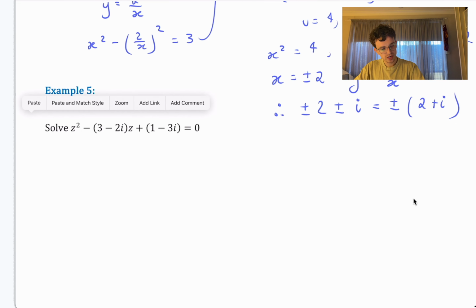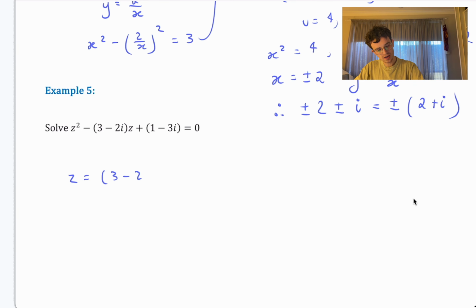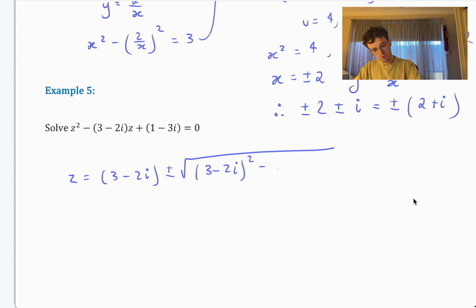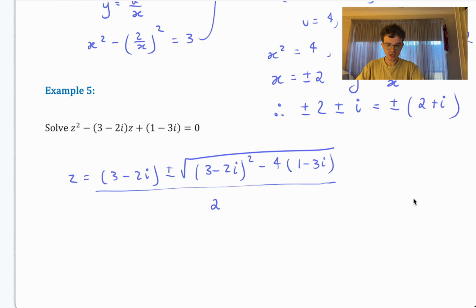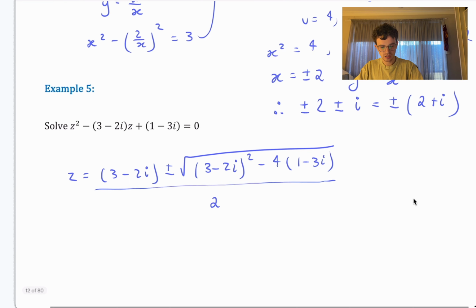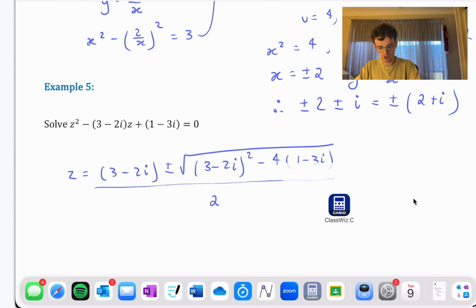So using the quadratic formula here, we can say z is equal to 3 minus 2i plus or minus the square root of 3 minus 2i squared minus 4 times 1 times 1 minus 3i all over 2a, which is 2. Now I guess right now we want to find out 3 minus 2i squared minus 4 times 1 minus 3i. And I think we might bring out our new best friend here.